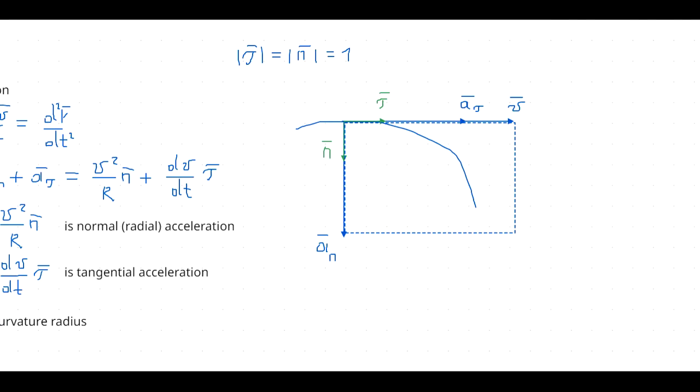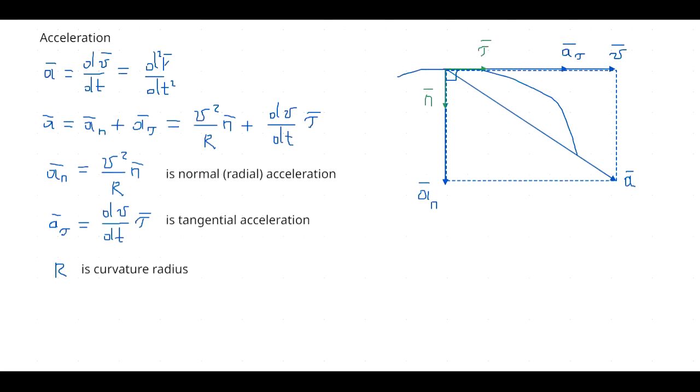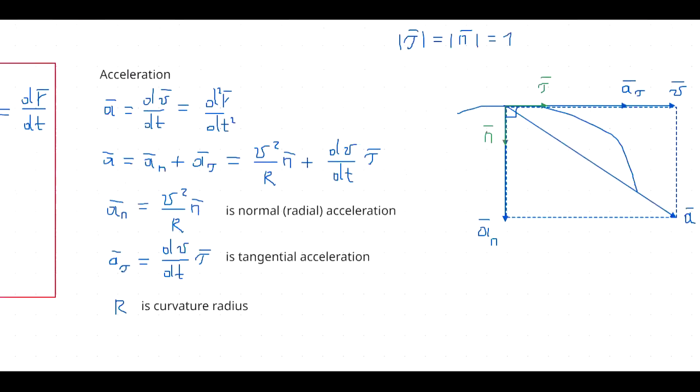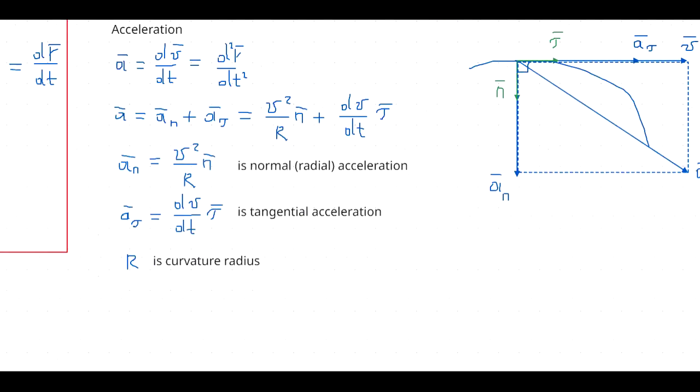This is acceleration or full acceleration, and according to this picture, this is the right angle, so we can use Pythagoras theorem to conclude that acceleration is equal to the square root of a_n to the power of 2 plus a_tau to the power of 2.